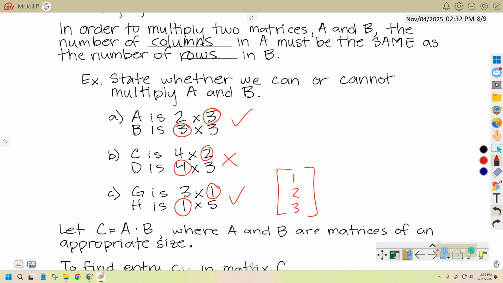That's a 3 by 1. 3 rows, 1 column. And the other one is 1 by 5, meaning it has 1 row, but 5 numbers. One big row, yeah. This is called a column matrix, because it is just 1 column. This is called a row matrix.